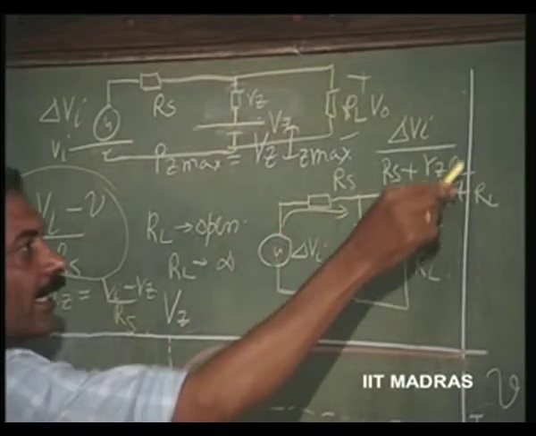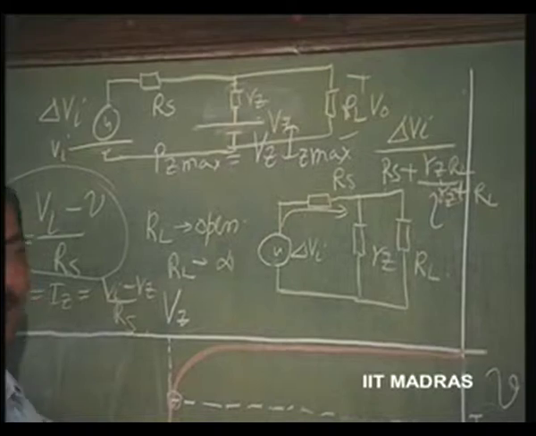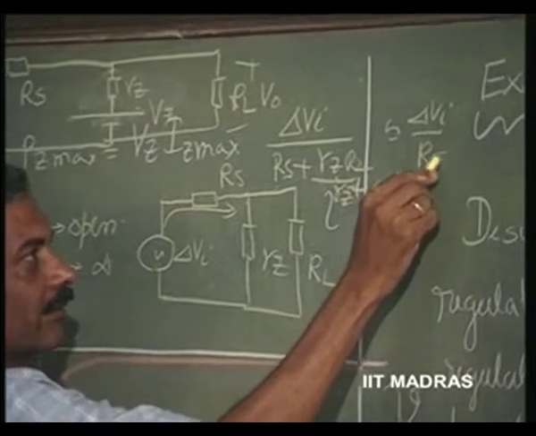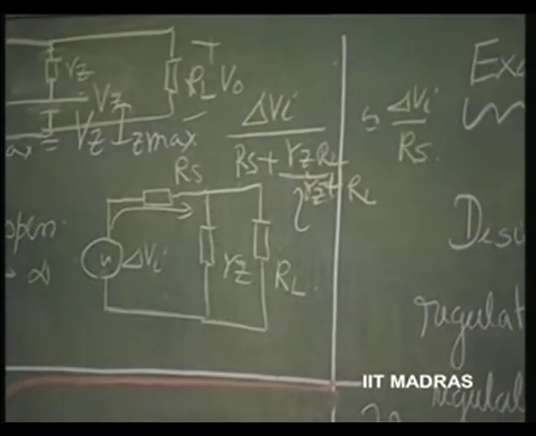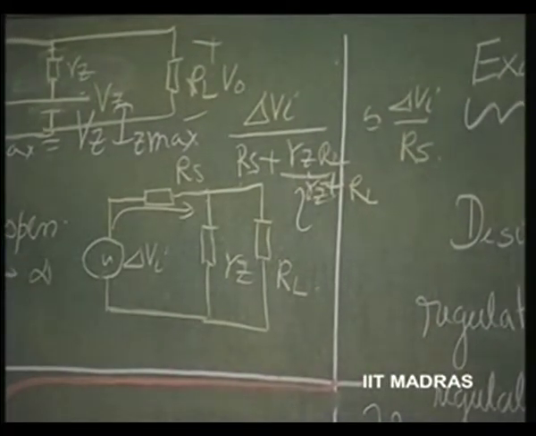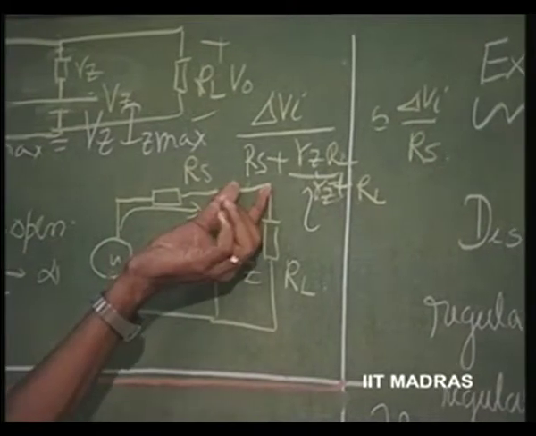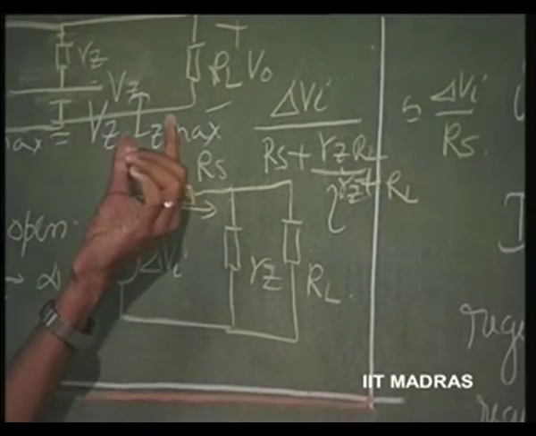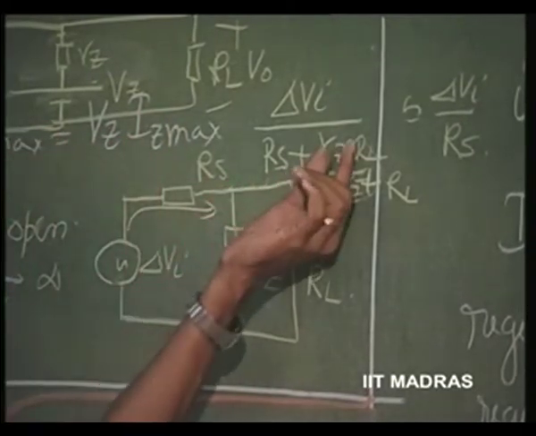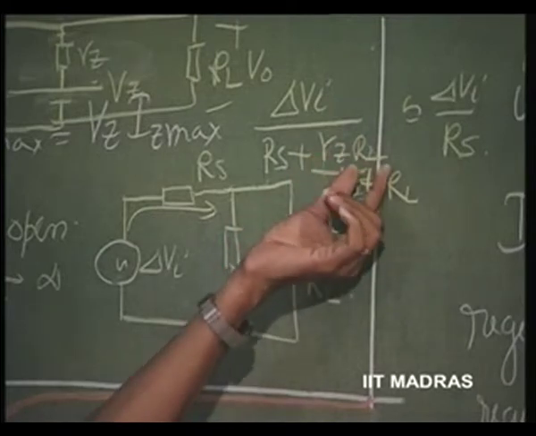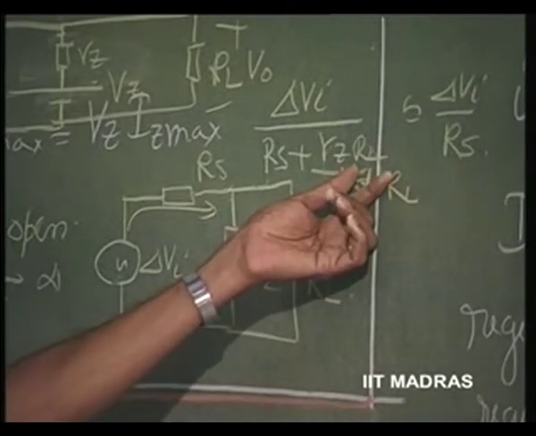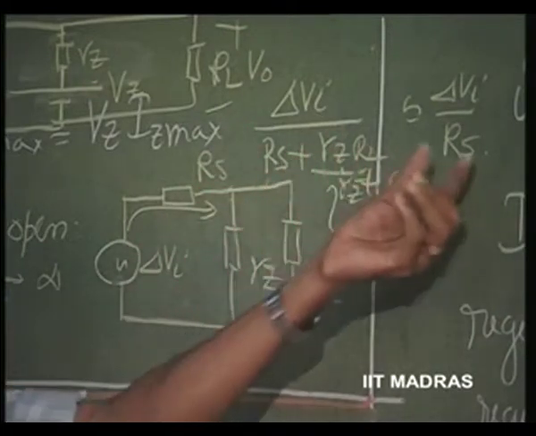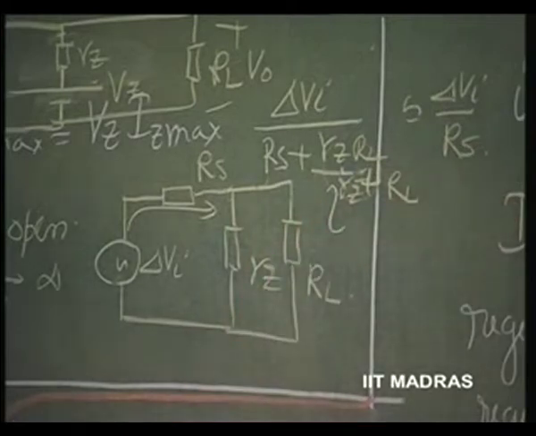Essentially, Rz parallel RL is negligible compared to Rs. So, it might become essentially delta Vi by Rs. This is the current limiting resistance that has been put earlier. Typically in our example we have chosen 180 ohms, and this is tens of ohms, shunted by resistance of the order of 300 to 6K. So, essentially it is Rz itself, and therefore, it is essentially delta Vi by Rs in this problem.